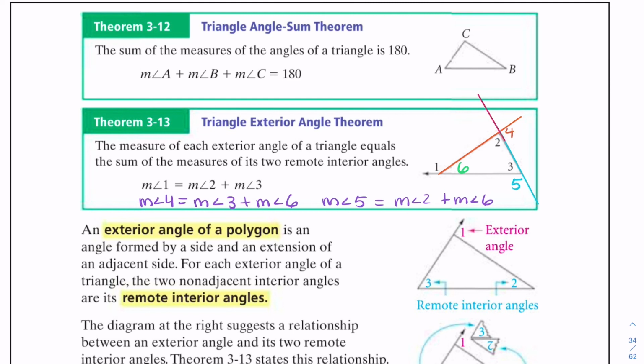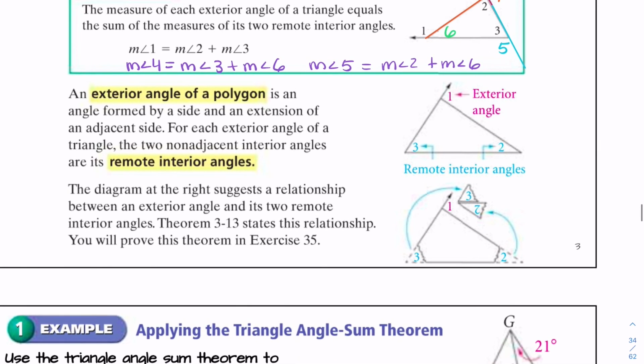Okay, so those are the ones that match up with 4. What about 5? Cover up 5, cover up 3. Well, 2 and 6 are in the interior, so 2 and 6 are the remote interior. Okay, cover up 1, cover up 6. 2 and 3, which were the initial example, those are the ones that match up, okay? So it's really just based on the visual.